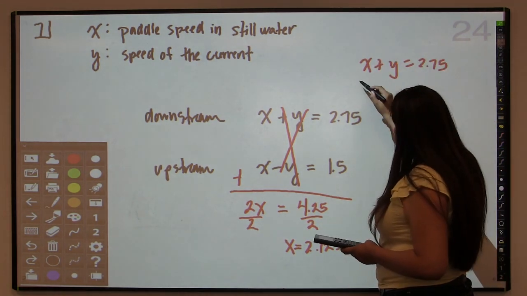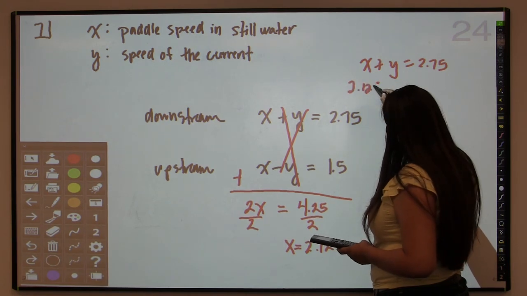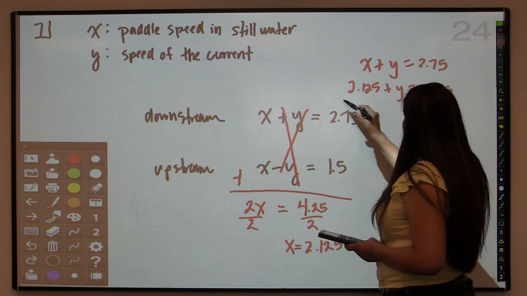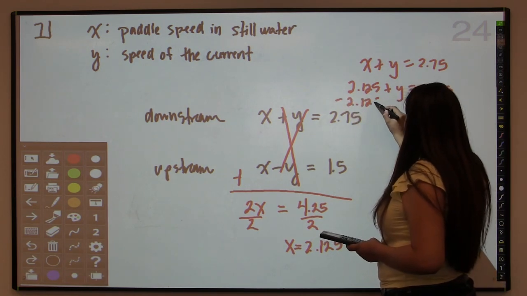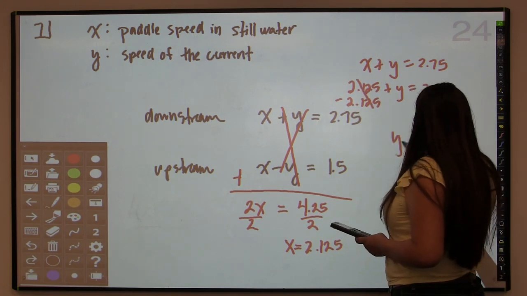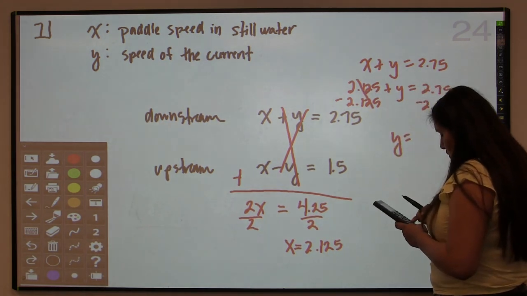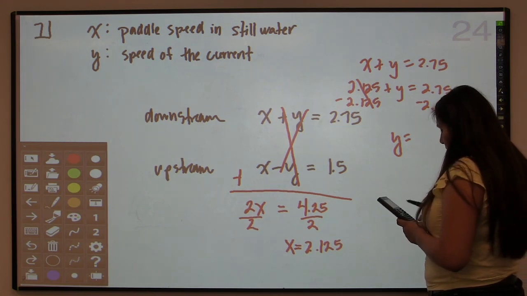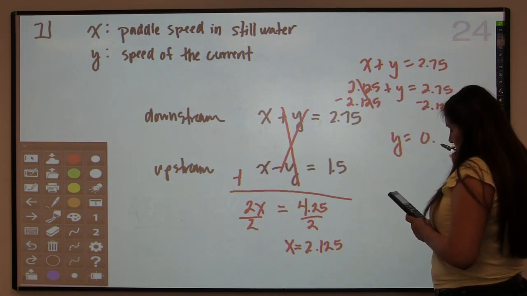So basically we have 2.125 plus y equals 2.75. And I subtract the 2.125, and I get that y is equal to 2.75 minus 2.125, which is 0.625.